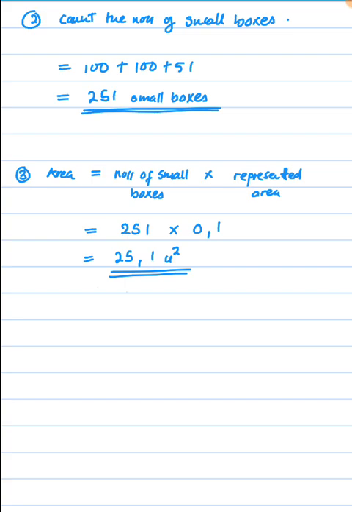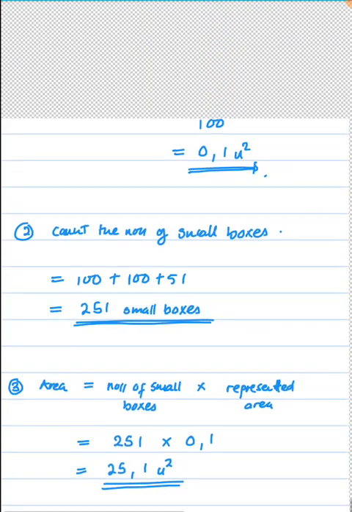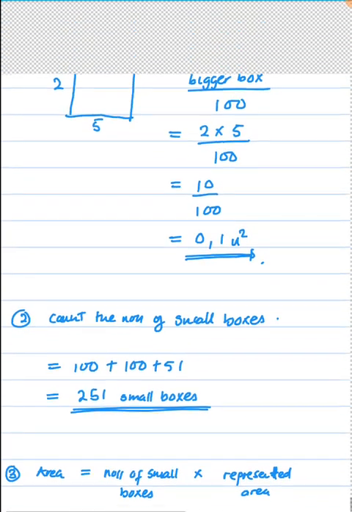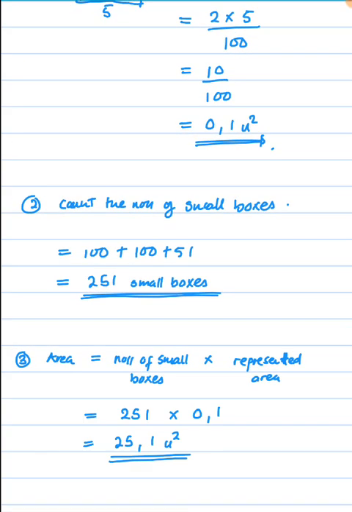So that will be the area under the graph. That's how we find the area under the graph. First of all, we find what is represented by each smaller box, the bigger box divided by 100. Then we count the number of squares.